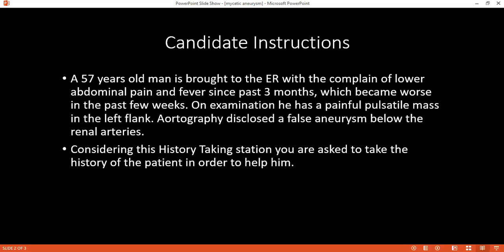It is not pulsatile, and it is associated with fever and pain. So what is your provisional diagnosis? Considering his complaint, my provisional diagnosis is infected aneurysm.